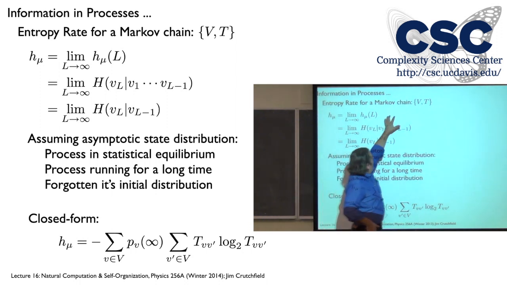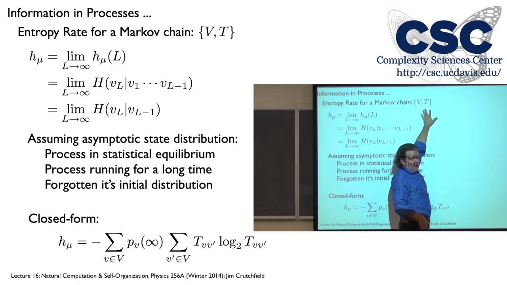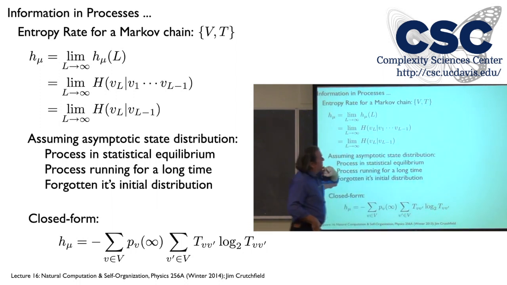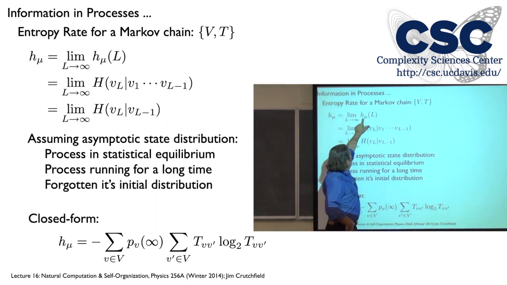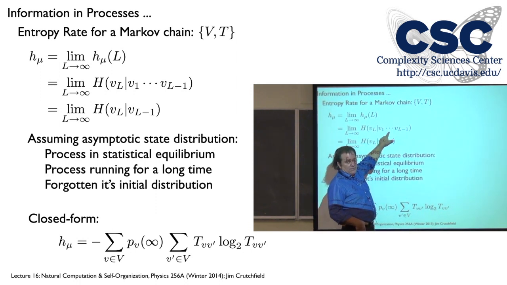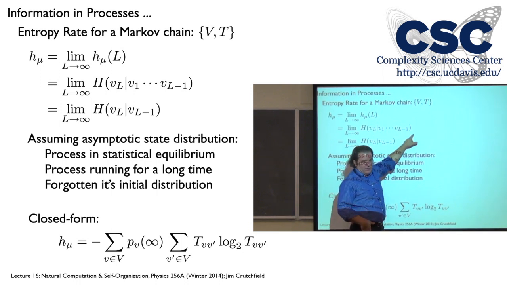Let's first look at the simple case. We have a Markov chain over states V, with state-to-state transition matrices. Well, we're looking at this length L approximator of the entropy rate. Well, that's this conditional distribution, right? What's my uncertainty in the next state, given I've seen some history of states?